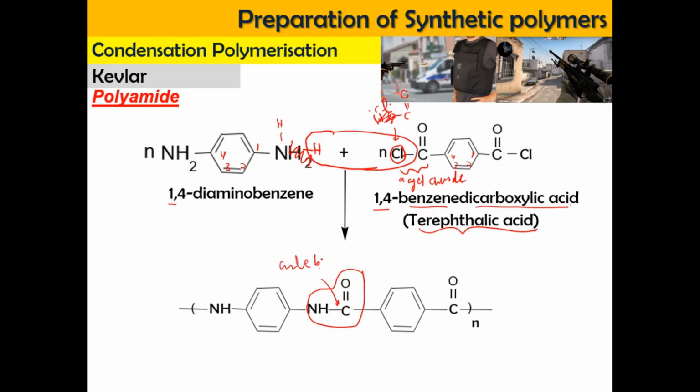As mentioned, one of the hydrogens is going to be removed, and the Cl here is going to be removed because it's going to be connecting with other monomers at both ends. A certain amount of HCl is removed. So the Kevlar here can be used to produce a bulletproof vest, as a protection.